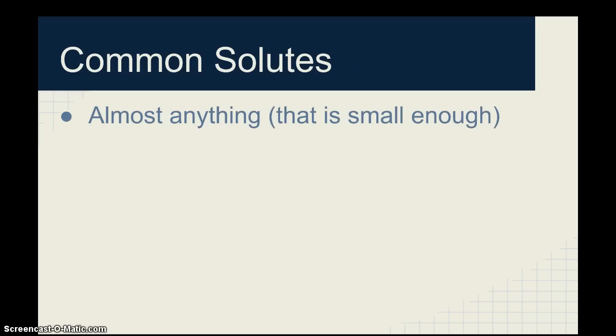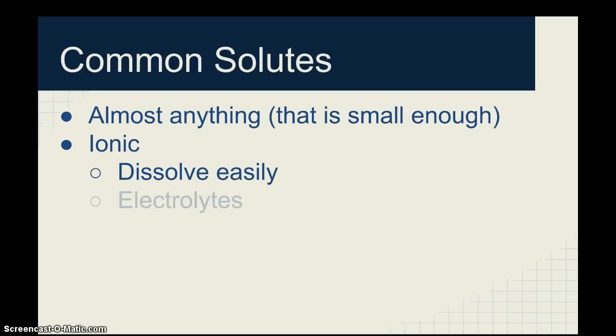Common solutes. Really, almost anything that's small enough can be dissolved into a solution. We can essentially, for our purposes, divide these up into ionic and covalent. Ionic solutes dissolve very easily in water, and when this happens, they can conduct electricity, so they are called electrolytes.